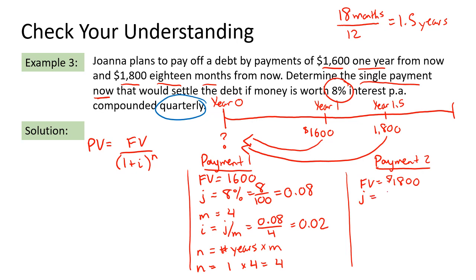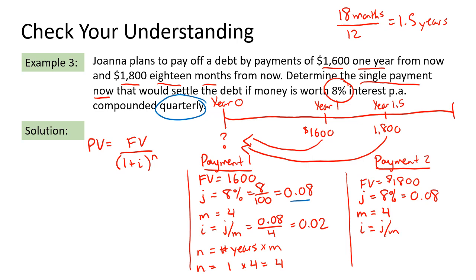So our nominal interest rate is still 8%, which is equal to 0.08, just like I did here for payment number 1. Our number of compounding periods per year, again, is 4. So that means we have the same numbers for J and M. So what you're going to notice is our periodic interest rate will also be the same.